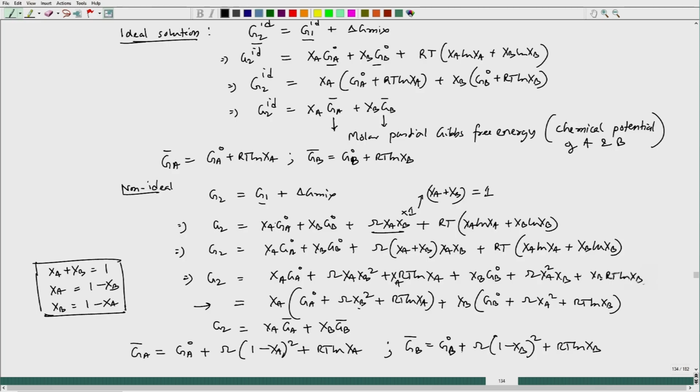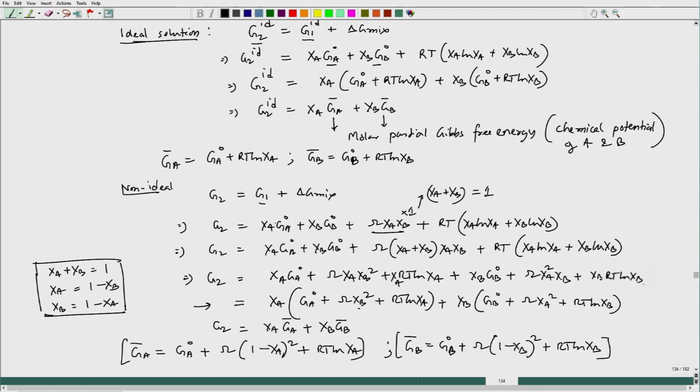Fine. So, we are getting two equations for the partial molar Gibbs free energy of A and B in the solution. Okay. So, we could see that the two partial quantities, or chemical potentials, are expressed differently in case of ideal or non-ideal situations.